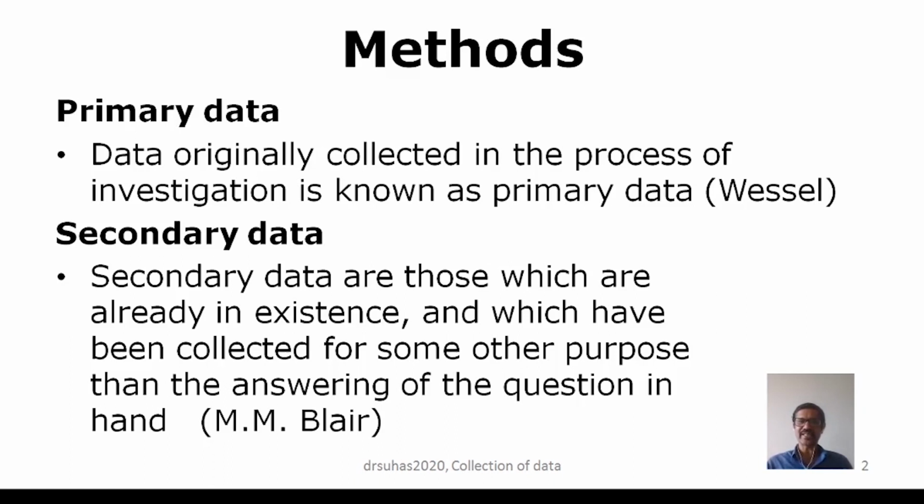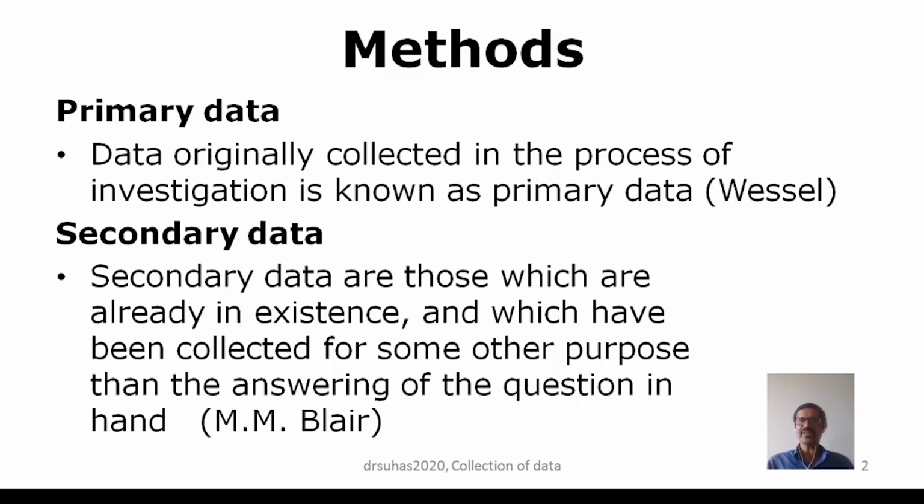It is originally collected in the process of the investigations by the investigator, and this is called as the primary data. Whereas the secondary data are those which already exist in either published or unpublished forms, but very importantly collected from reliable sources, which helps an investigator to answer these questions.